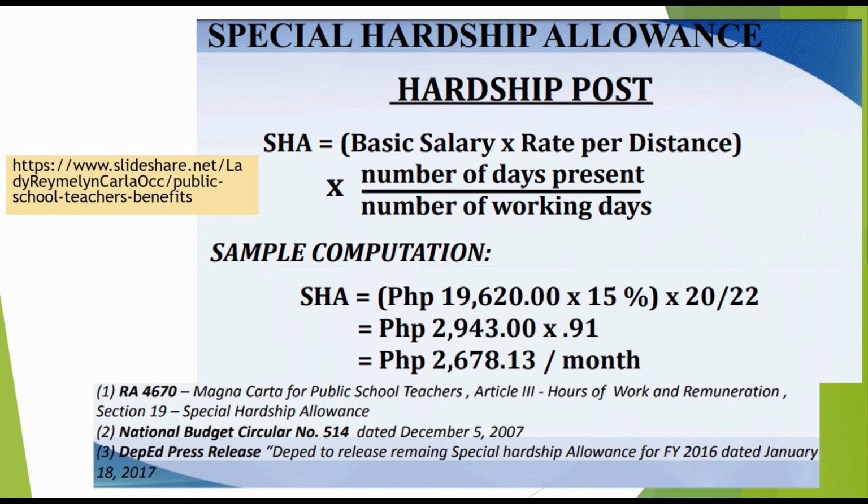Then suppose you are present for 20 days, divide that by the number of working days, which is 22. 20 divided by 22 is equal to 0.91. Multiply that to 15% of basic salary, then you can have 2,678.13 special hardship allowance per month.